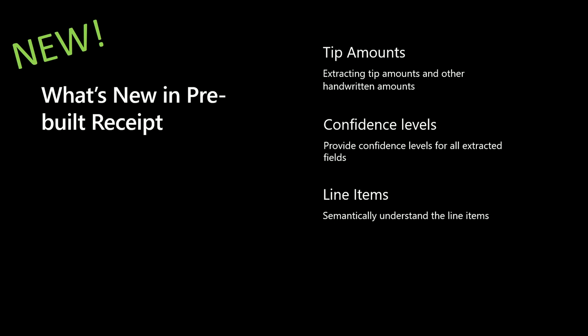We're adding a confidence level per value that we extract. We're adding line items. So you saw in the demo, we extract the total and the subtotal and the tax. We're also adding all the line items in the receipt. So you can now extract all the line items in that receipt. And we improved the accuracy and the ability to extract receipts. We got some feedback from customers, and we improved the accuracy of the pre-built model. So now the accuracy is even higher.